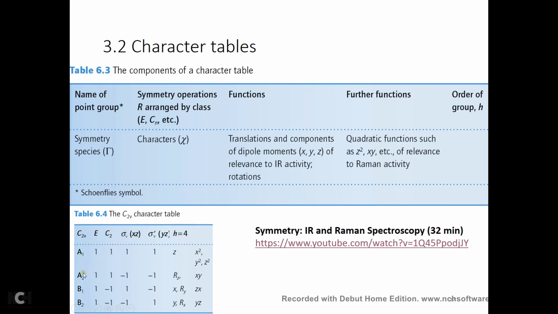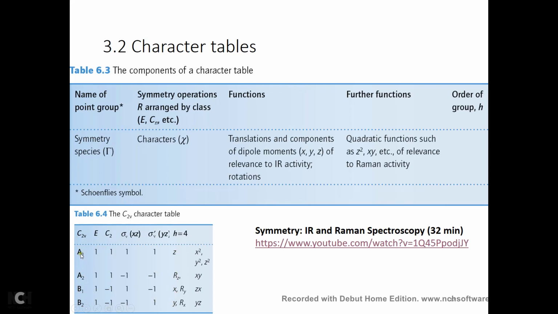Now let's look at those symmetry species. You have A1, A2, B1, B2. They are also called irreducible representations, but let's just say those are just the symmetries. We can label molecular orbitals, we can label vibrational modes, we can label, for example, dipole moments with those symmetry species.